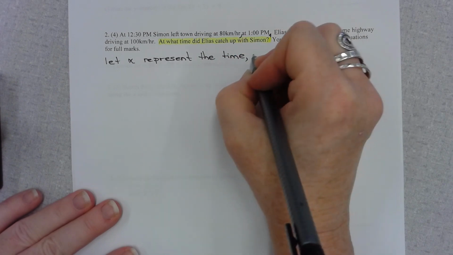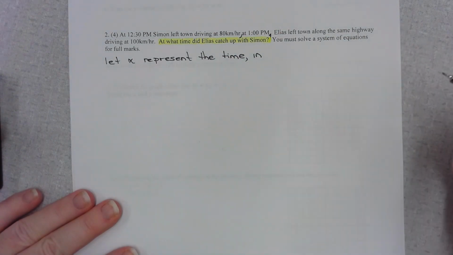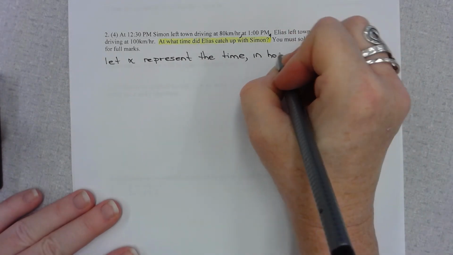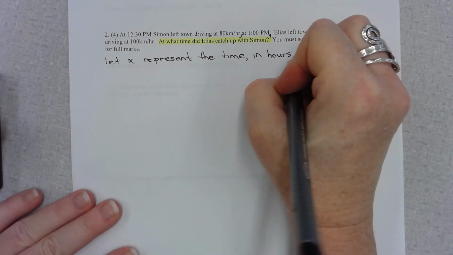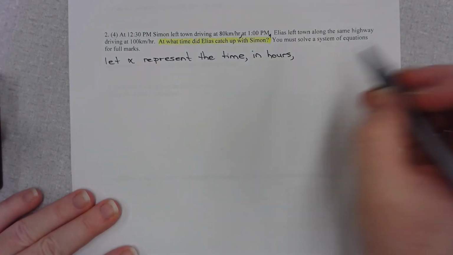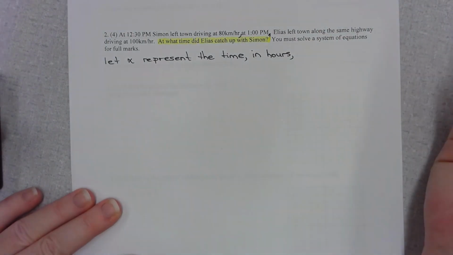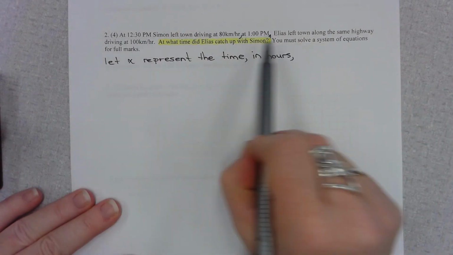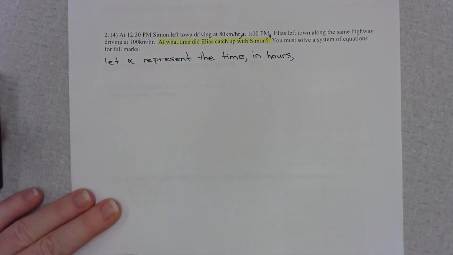And then we need to tell it what the measure is. In this case, we're going to measure it in hours. So time in hours. It could be minutes, days, but we're going to do hours. Then we need to take a look at our question. It says that Simon leaves at 12:30 and Elias leaves at 1. Normally when you start counting time, you start from now, and we need to know when now is.